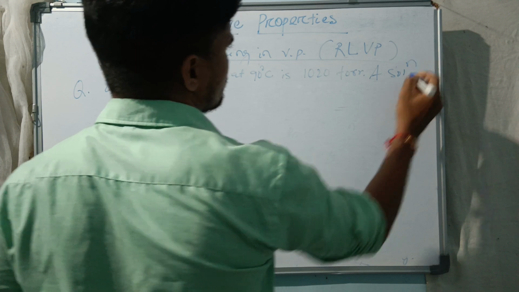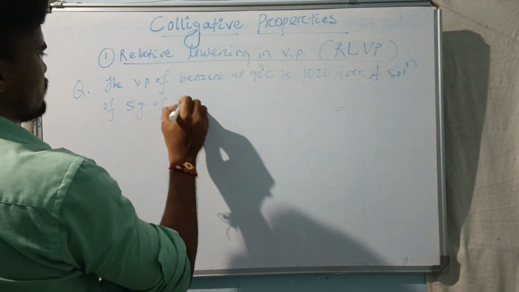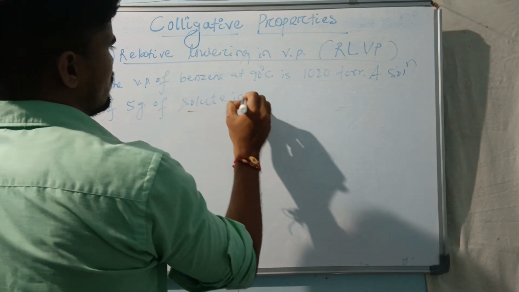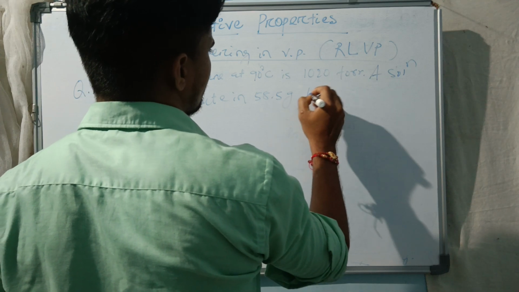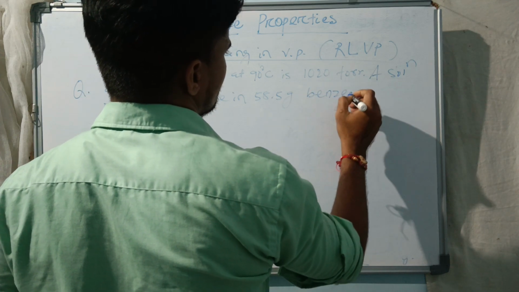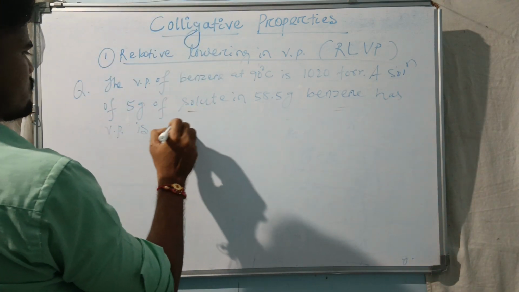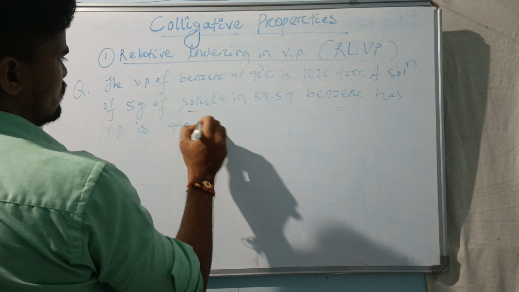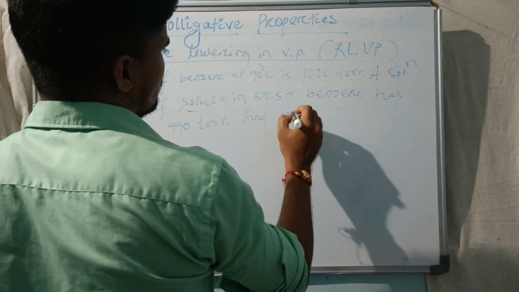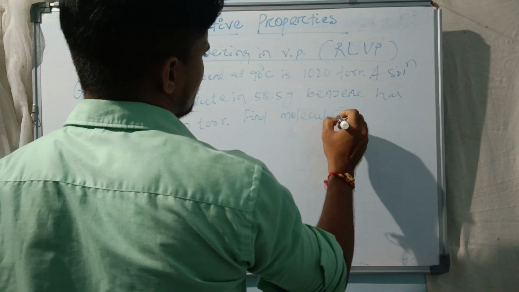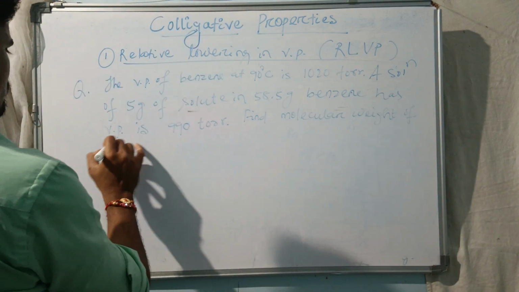A solution of 5 gram of solute in 58.5 gram benzene has vapor pressure 990 torr. Find the molecular weight of the solute.